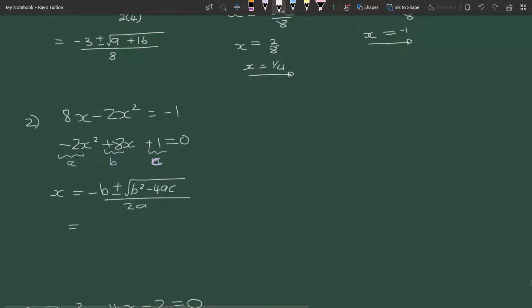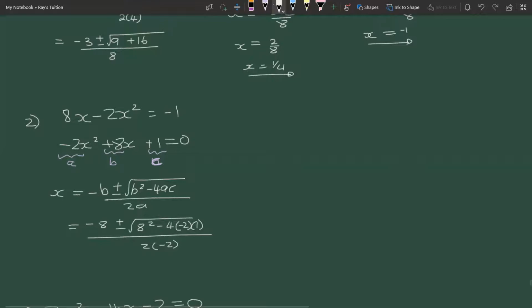So we get minus 8 plus or minus the square root of 8 squared minus 4 times negative 2 times 1, all over 2 times negative 2. All we've done is in the place of b, we've put 8, in the place of a, we've put negative 2, and in the place of c, we've put 1.